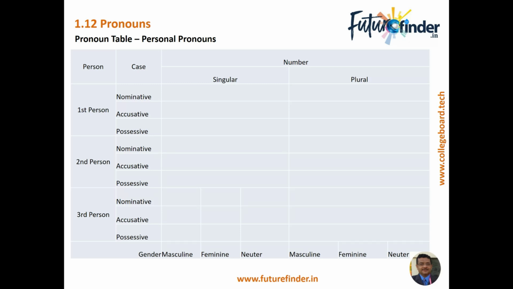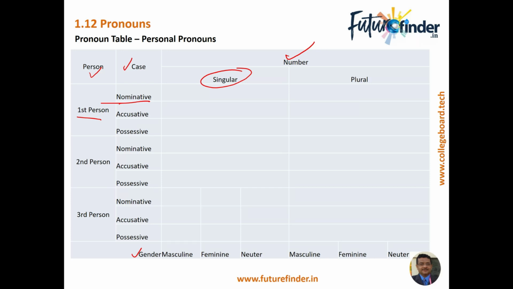Let's see if we are able to make a personal pronoun table to give us a good understanding of how pronouns function. We have combined all the parameters: the case, the person, the number, and the gender. Now we are looking for the first person nominative case singular pronoun. First person is the speaker, in this case I. Nominative case is when I would be doing something.